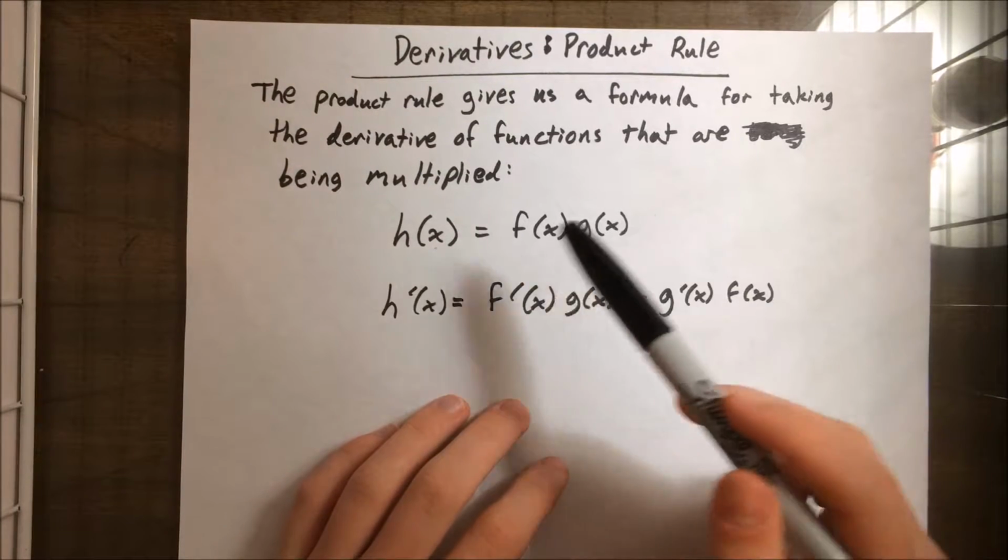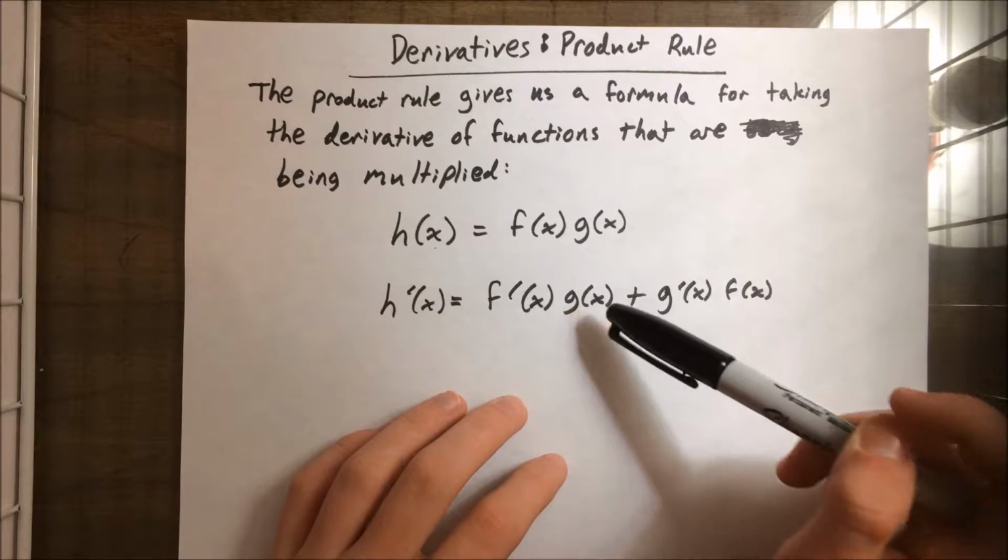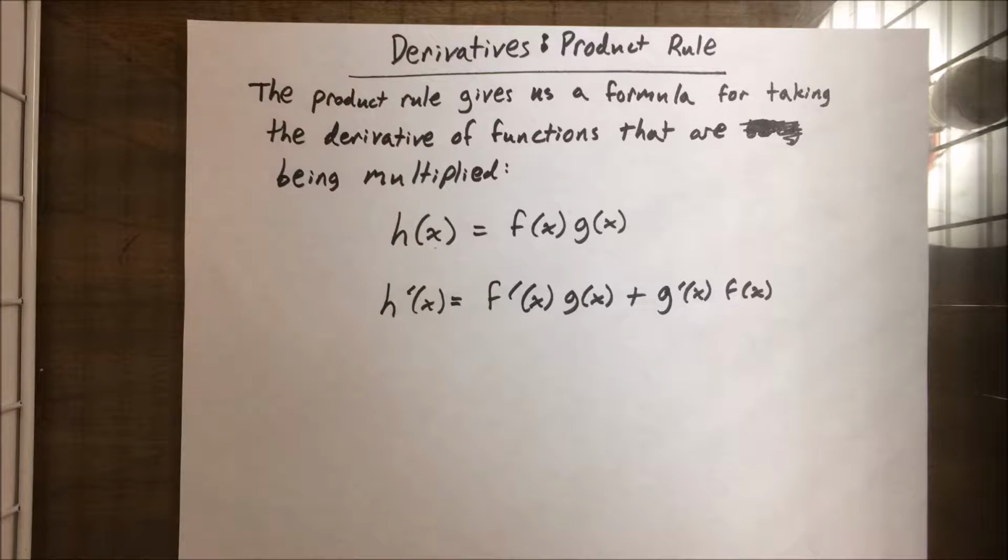So I like to think of it as first d second plus second d first. It's just kind of catchy and easy to remember. Alright, so let's go ahead and look at a few examples.